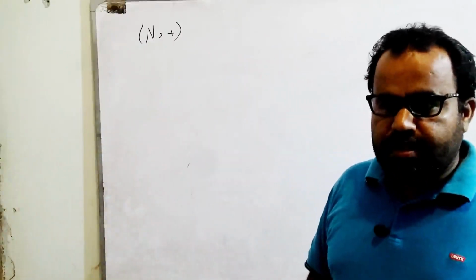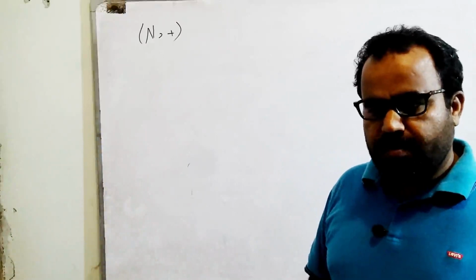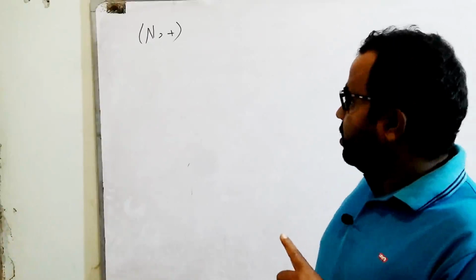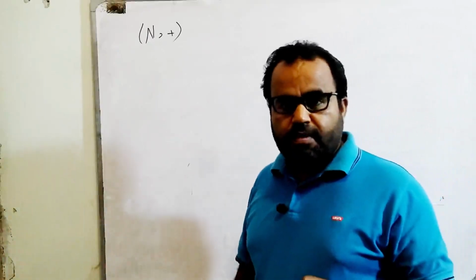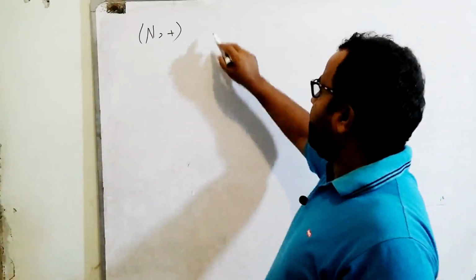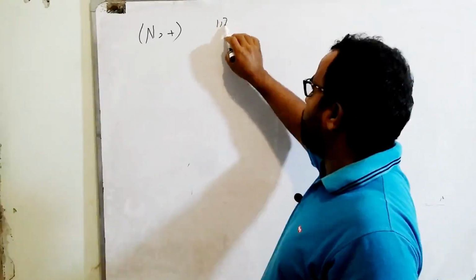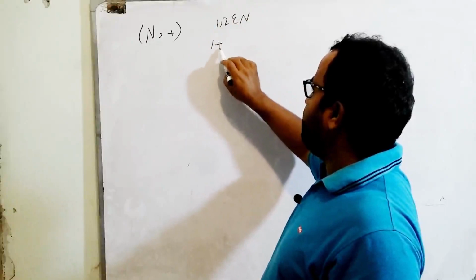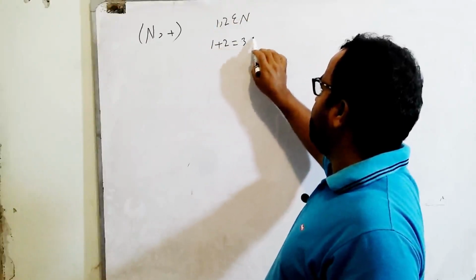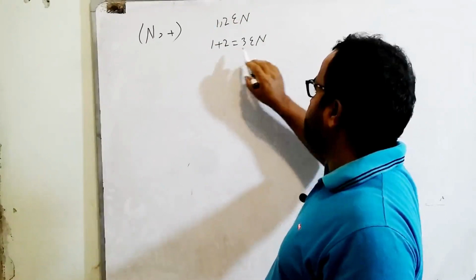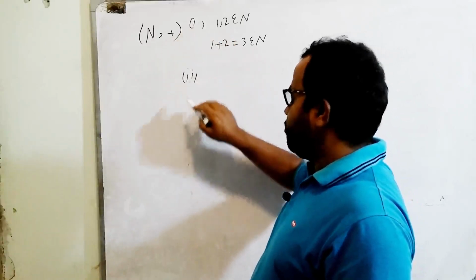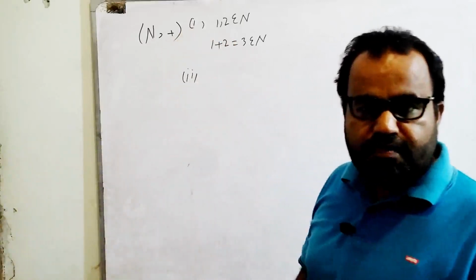The closure law is that for any two natural numbers under addition, because we are taking addition as the binary operation, just like I am taking two natural numbers 1 and 2, then 1 plus 2 is equal to 3, which is again a natural number.